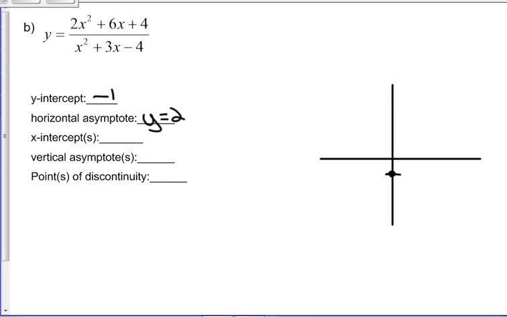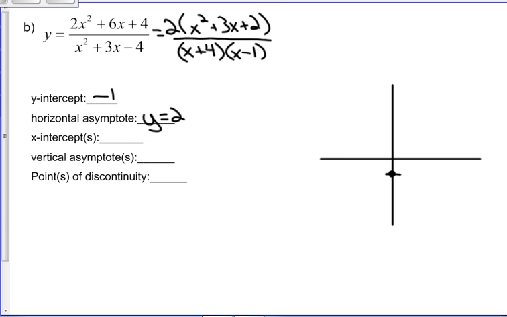Okay, to find the rest of what's going on, we need to factor. So common factor first up top. On the bottom, it's the same one that we had in the last one, so x plus 4, x minus 1. Let's keep going.